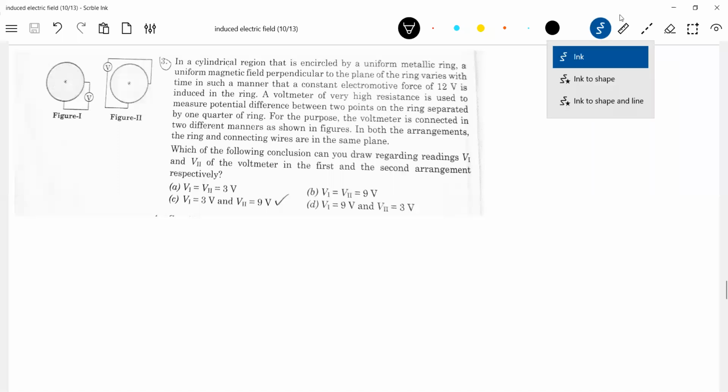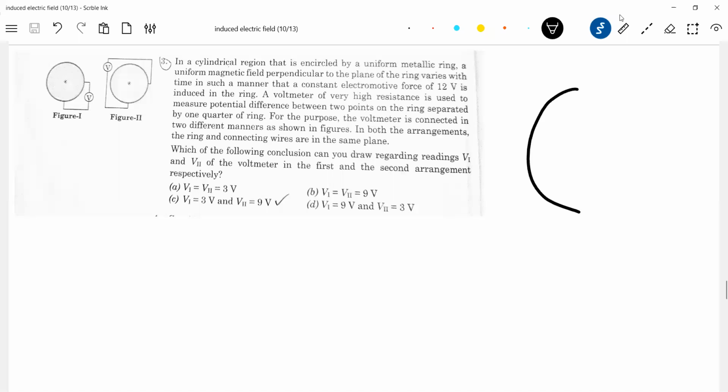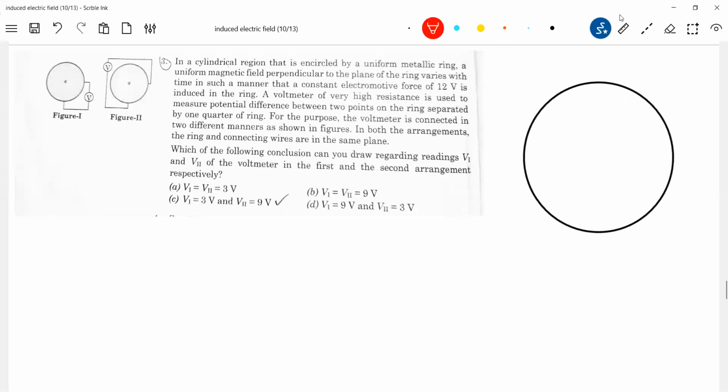First case, so this is that ring. This is the voltmeter wires.